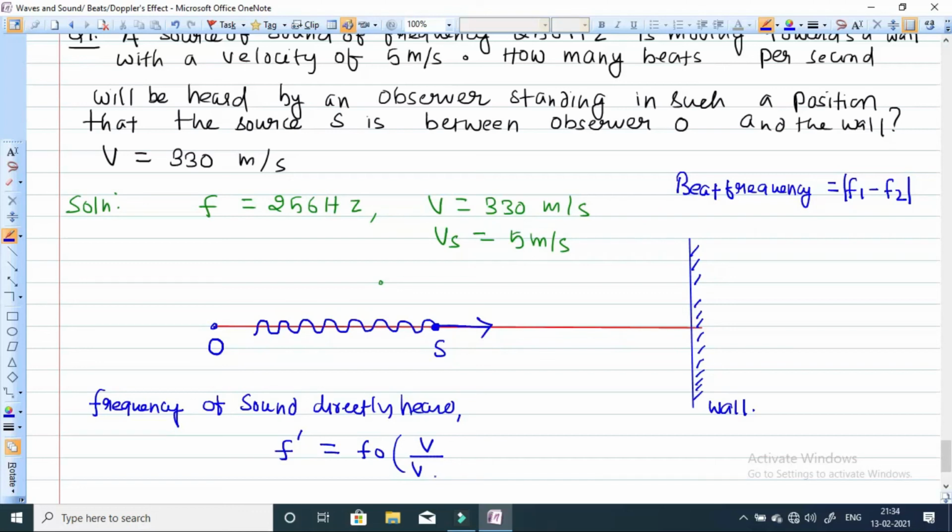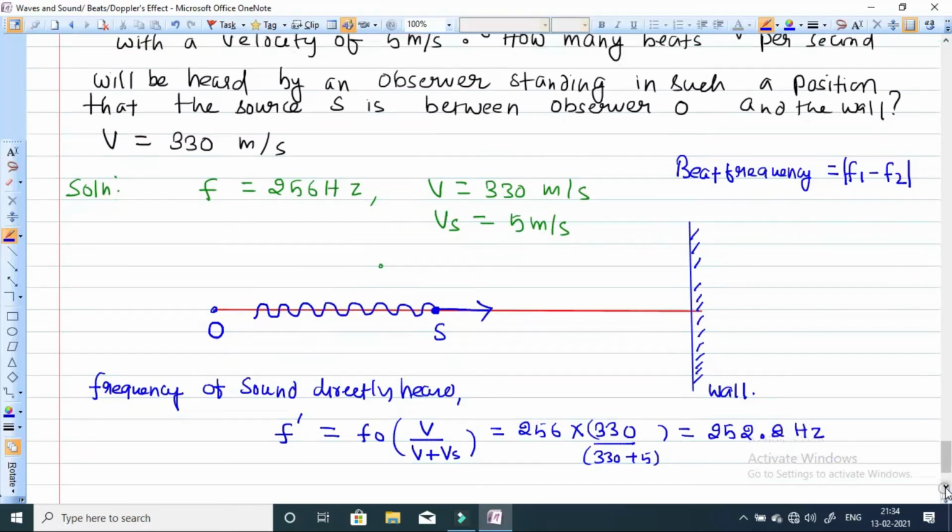F naught is given, 256, v is 330, so 330 divided by 330 plus 5. When we calculate, the value comes out to be 252.2 hertz. So basically the frequency reduces if the source is moving away from the observer.